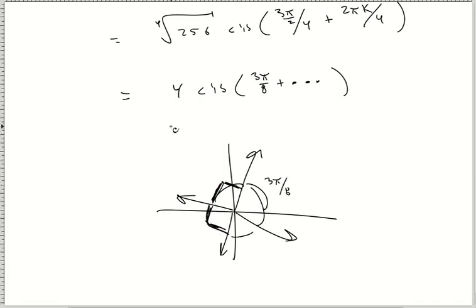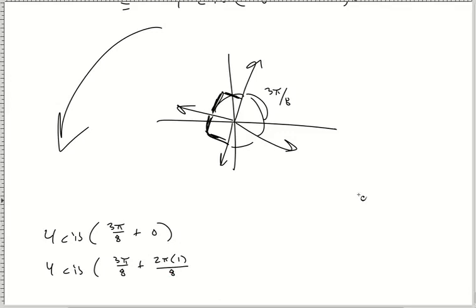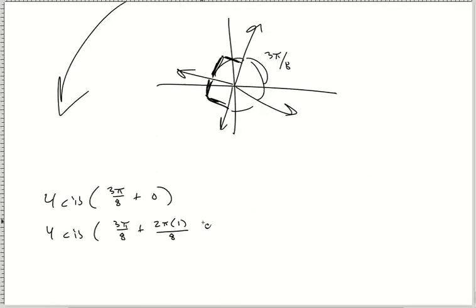But to give you the answers, I'm going to just plug in 1, 2, 3, 4 or whatever I need to do. I think it's 0 as well. 4 CIS 3 pi over 8 plus 0. 4 CIS 3 pi over 8 plus, and then 90 degrees, basically. But what's going on is it's 2 pi k, k is now 1, divided by 4.